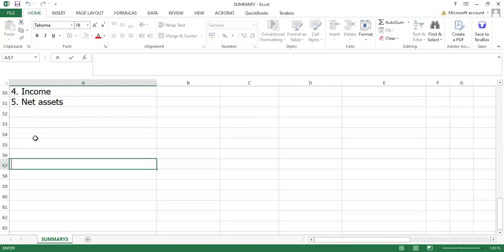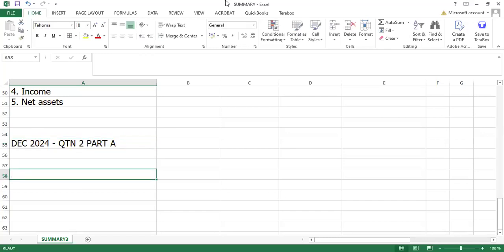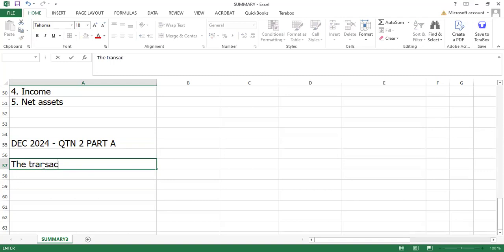We can simply say this is December 2024, question 2 part A. Now I can first talk about the grant that we received, and I can say that the transactions should be accounted for in accordance with IPSAS. IPSAS 24, which is about what?